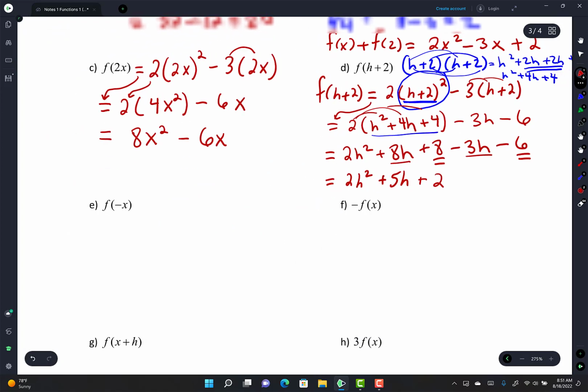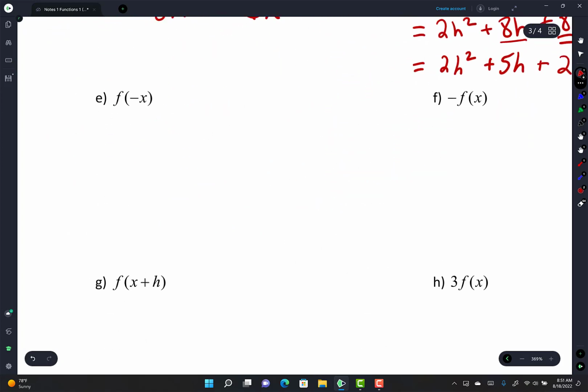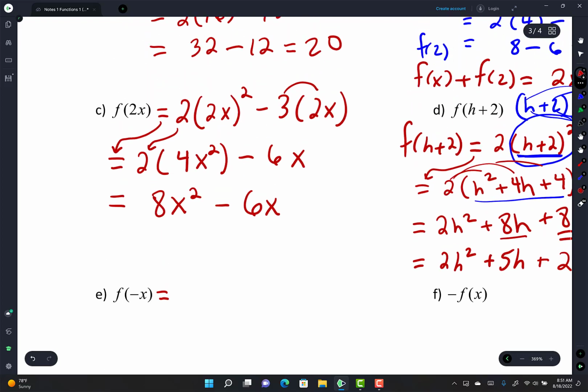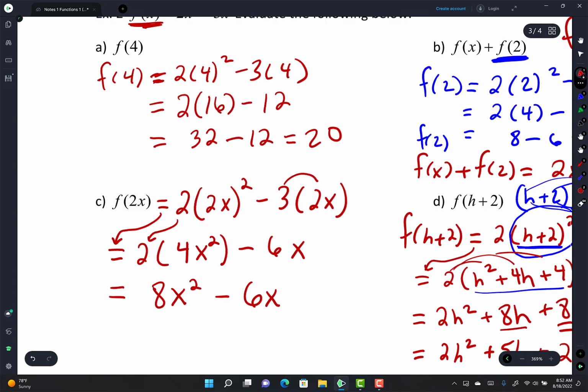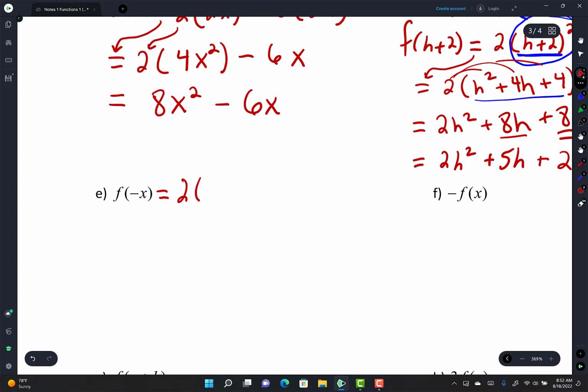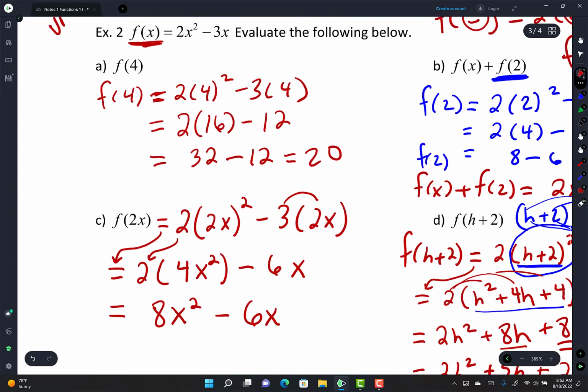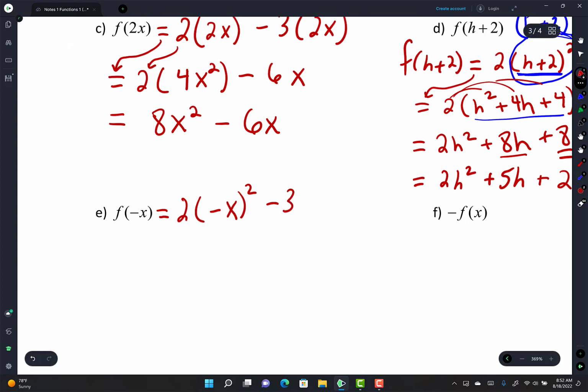Let's go to letter E. F of negative x. I'm going to put an equal sign here. And let's see. We're still with the same function. 2x squared. So I'm going to write 2, open parenthesis, negative x, close it, squared, minus 3, open parenthesis, negative x.